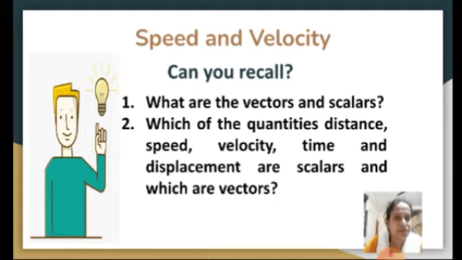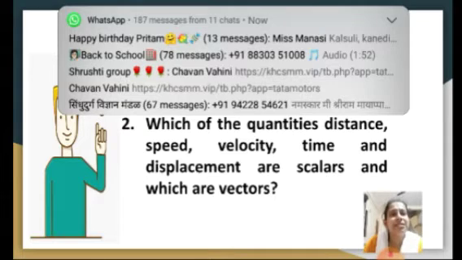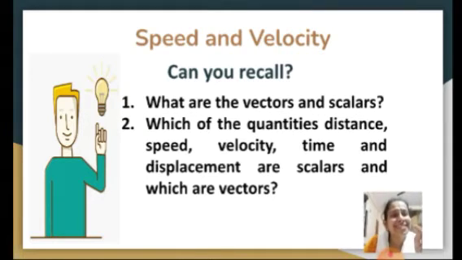Second question: which of the quantities, that is distance, speed, velocity, time and displacement, are scalars and which are vectors? Just a few minutes ago I mentioned to you that distance is a scalar quantity because it does not have direction, it only has magnitude. Whereas displacement has both magnitude as well as direction.